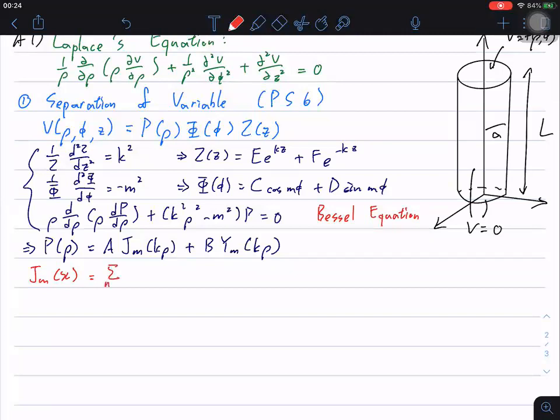Here the first one is the Bessel function of the first kind.